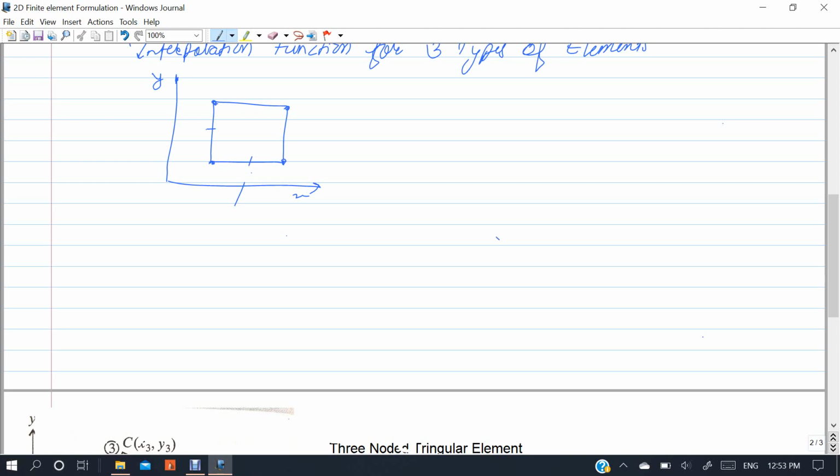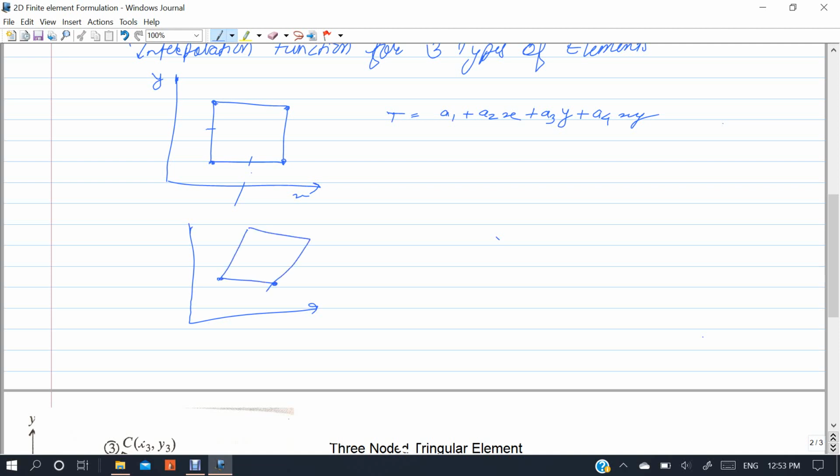So the interpolation function will be t equal to a1 plus a2x plus a3y plus a4xy. Suppose this quadratic element is not parallel, and it is like this.